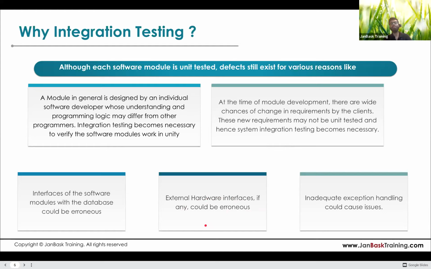Like, we have software which has integration with a printer, or some biometric hardware integration with the software. If there are issues in the hardware interfaces, like the biometric device or the printer itself, or suppose we have some scanners, right?